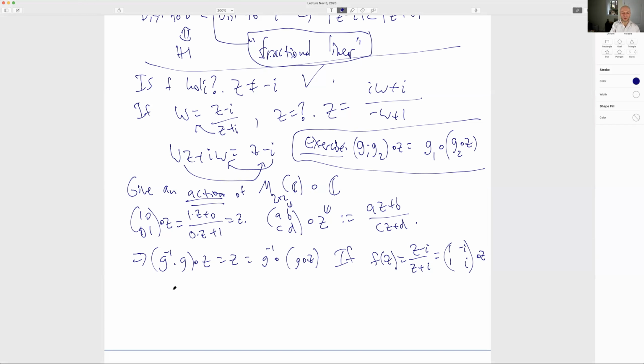And so what's the inverse matrix? So F inverse of Z. I just invert a 2 by 2 matrix. You know how to invert matrices, right? The inverse of A, B, C, D, you switch the diagonals. So I goes there and 1 goes there. These two switch. These two get negated.